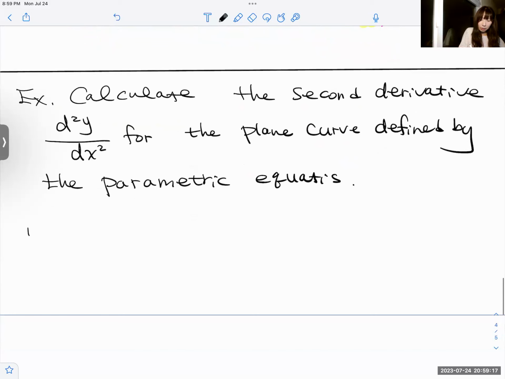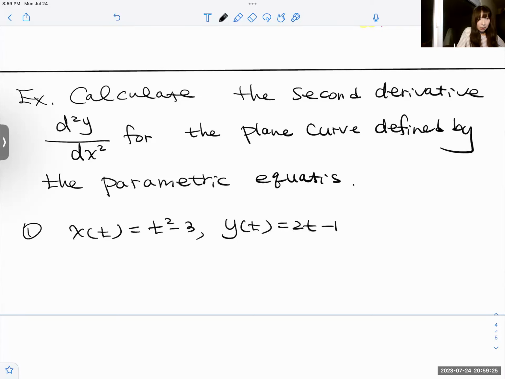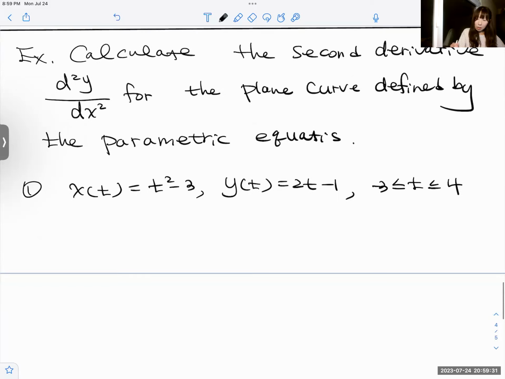Okay, so we have the first one, x of t equal to t squared minus 3, y of t equal to 2t minus 1, and t is between -3 and 4. Okay, so previously we did that, but we can just do it quickly. So x prime of t is 2t, and y prime of t is 2, right?